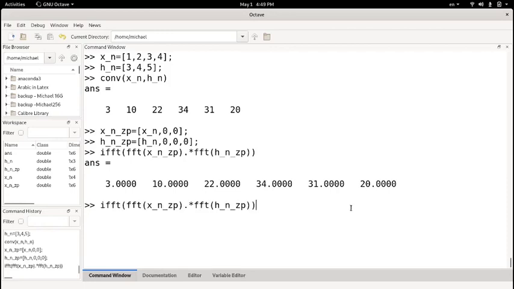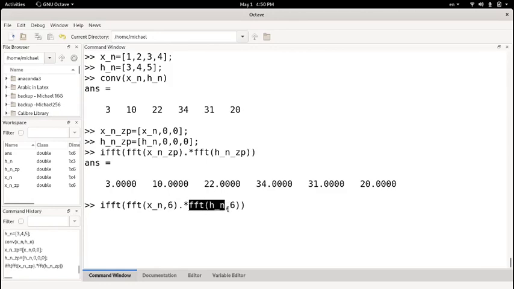We can do it differently. I can use FFT of xn and specify the length to be 6. And here FFT of hn also specifies the length. So instead of actually doing zero padding in MATLAB, you can do FFT and specify the length, and the FFT command will do the zero padding for you. This command simply says to compute the 6-point FFT of xn. xn is only of length 4, so MATLAB will add 2 zeros and do the FFT.